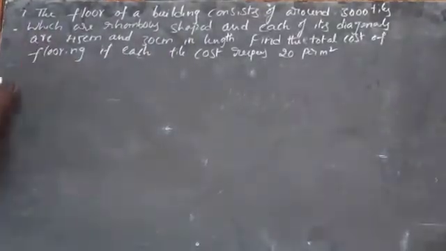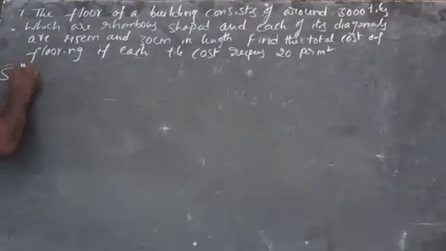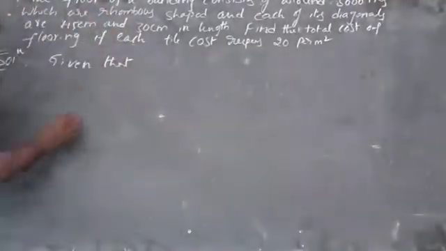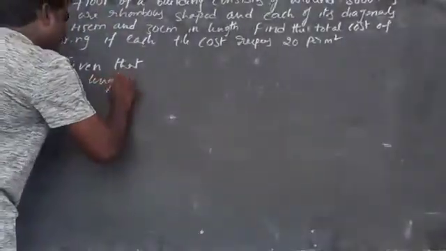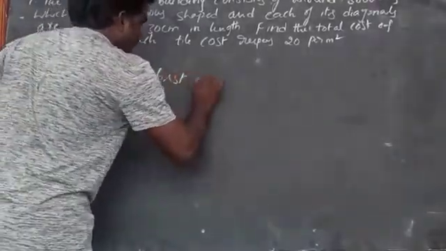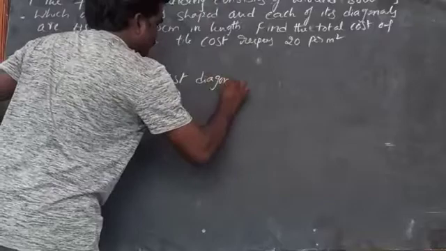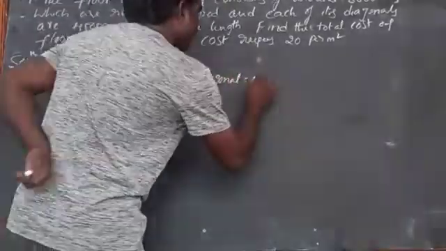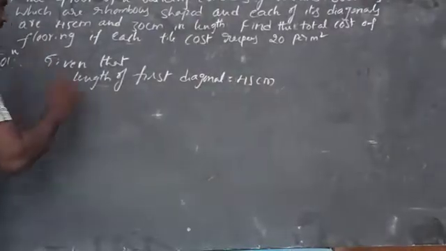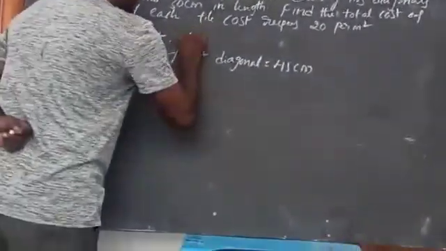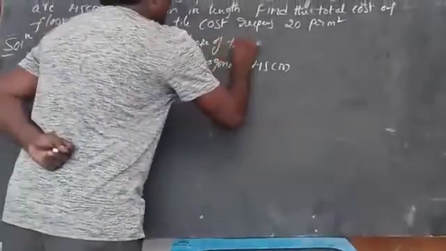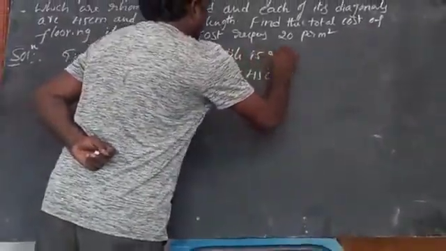So here, solution. Length of first diagonal is 45 centimeter. Given that the shape of the tile is rhombus.